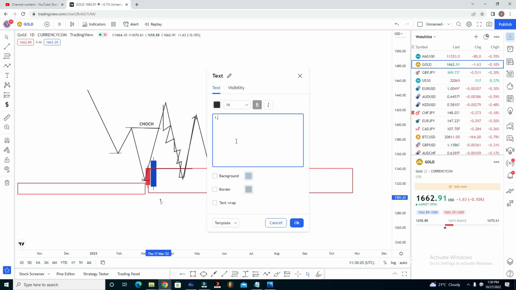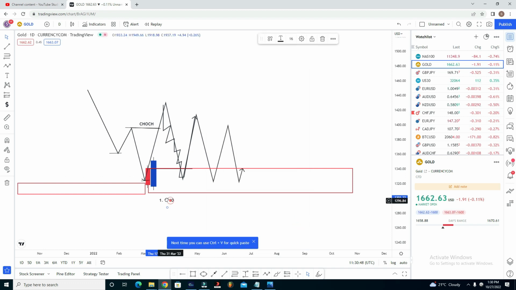So if it's the first time, let's just say, as an example, so you understand what I'm trying to teach, if it's the first time, let's say we have a 9 out of 10 chance of winning. That's if price is coming back to this area for the first time.